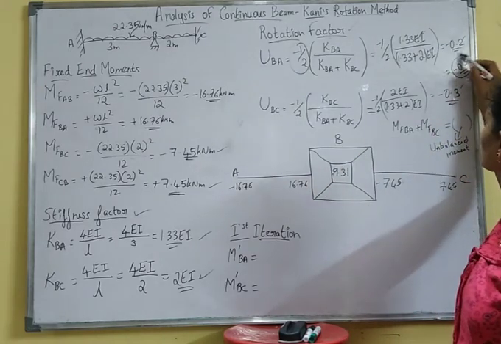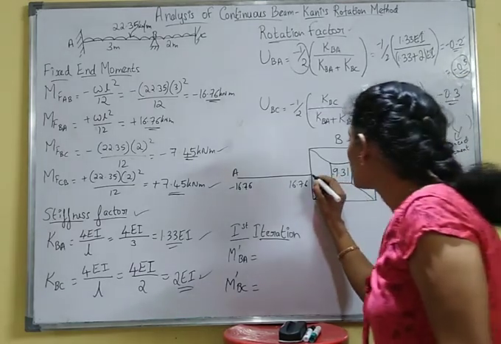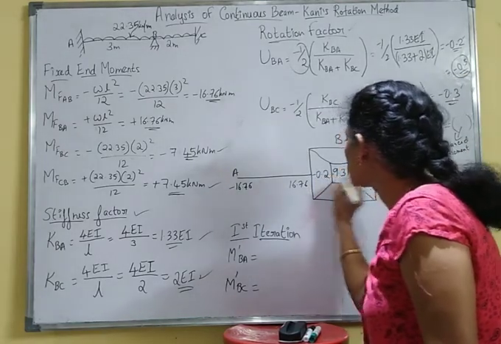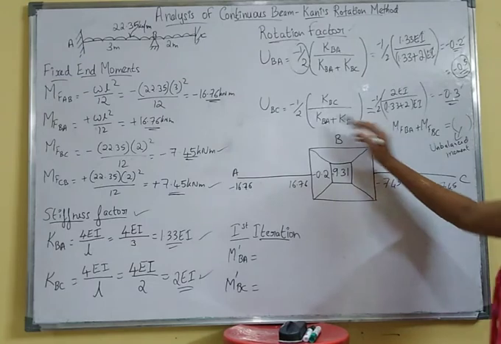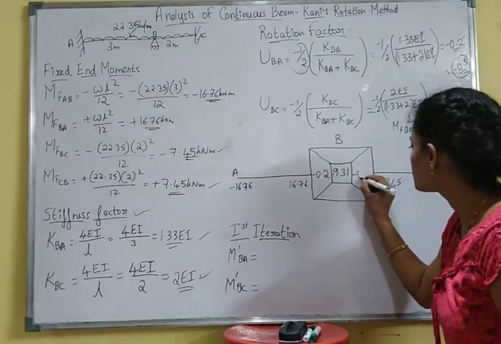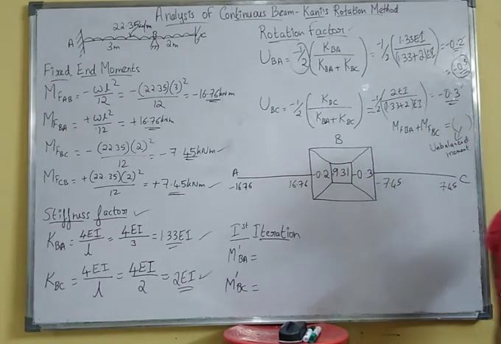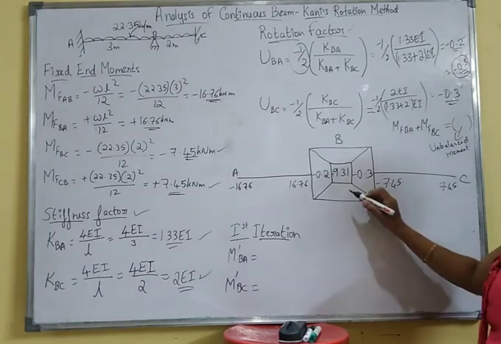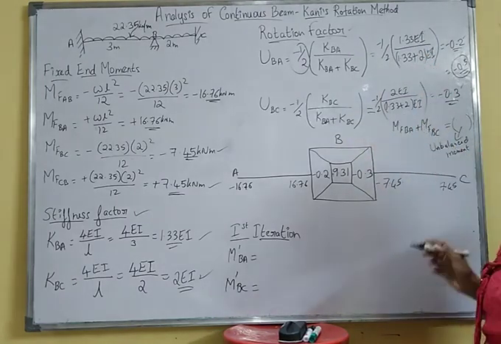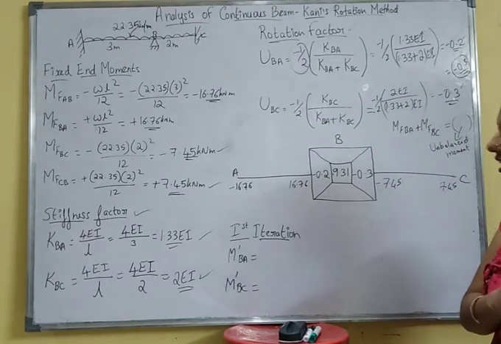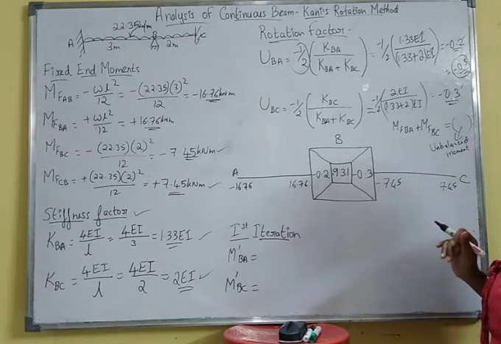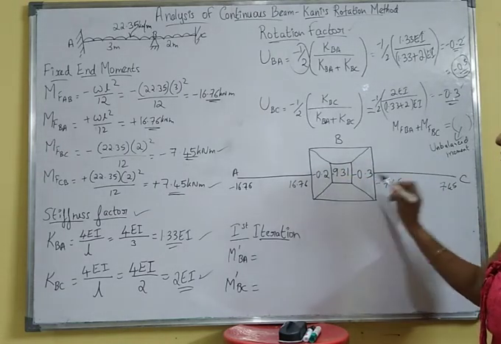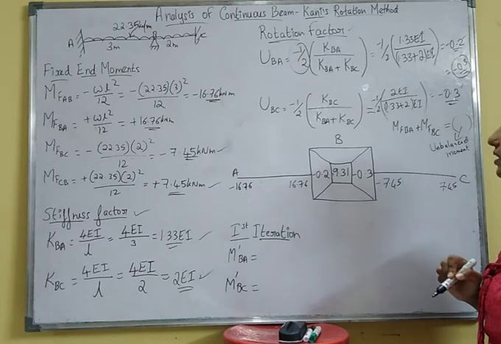For BA you have rotation factor minus 0.2, and BC you have minus 0.3. While considering multi-storey frames, how to analyze based on Kani's rotation, I'll explain in the next session. This is for the continuous beam. Right, here minus 0.2 and minus 0.3.